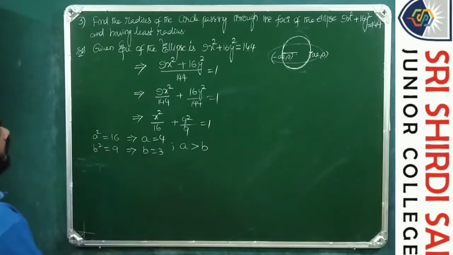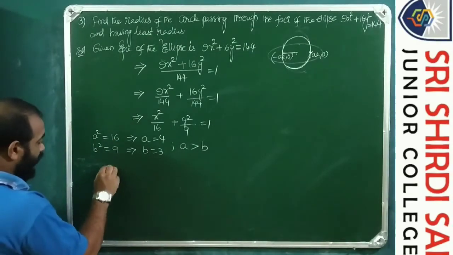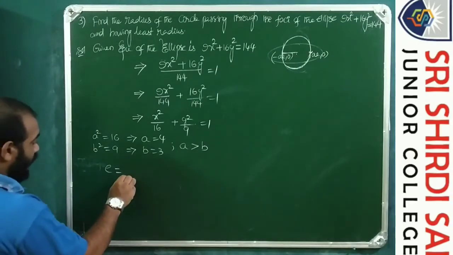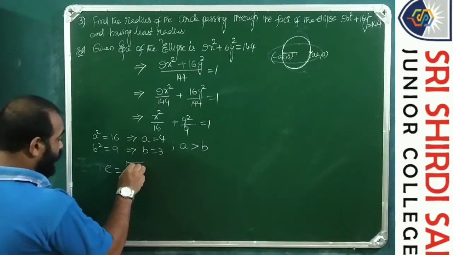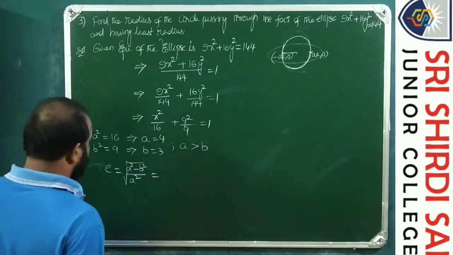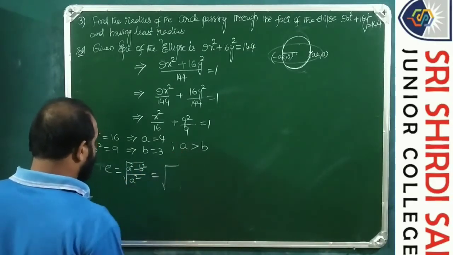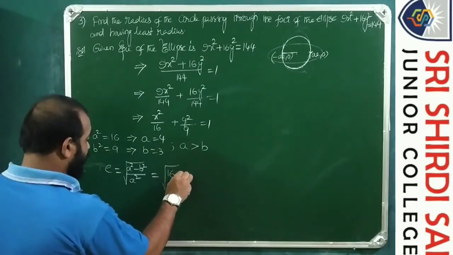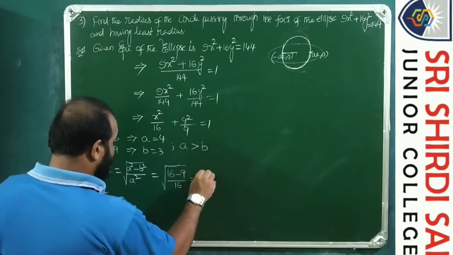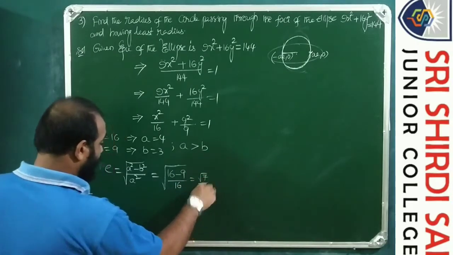First of all, let us find the value of e. e is equal to square root of a square minus b square by a square. So this is equal to a square is 16 minus b square is 9, by 16. This is root 7 by 4.